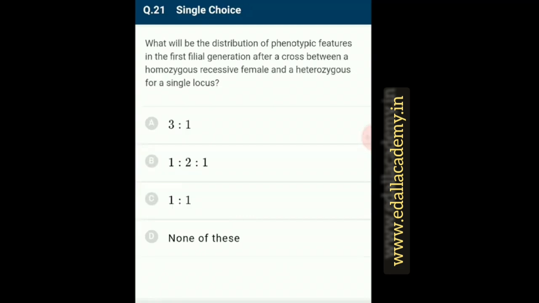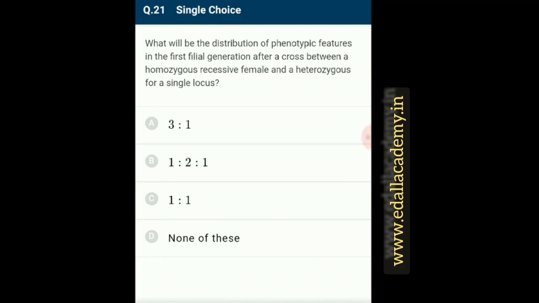What will be the distribution of phenotypic features in the first filial generation after a cross between a homozygous recessive female and a heterozygous for a single locus? Test cross is a process to examine and identify whether the organism is heterozygous or not. In it, the organism is crossed with the recessive homozygous as it will ensure the expression of the dominant character in heterozygous form for the first generation, that is the F1 generation, enabling us to know the zygosity.